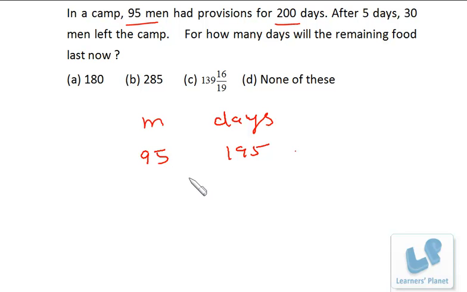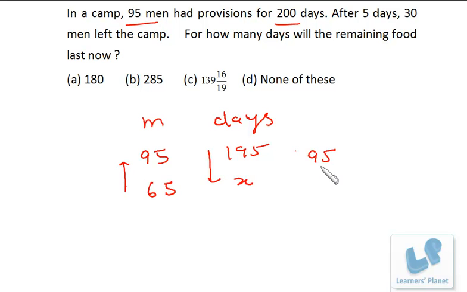Okay, now 30 persons are leaving the camp. That means the remaining number of persons is 65. Now we have to find the number of days. Okay, now we have to see the relationship. If more people are there, then the food will be sufficient for less number of days. Okay, so it's an inverse relationship.